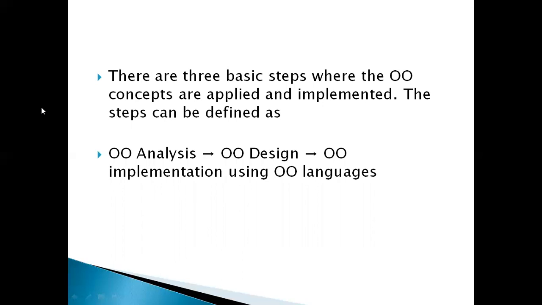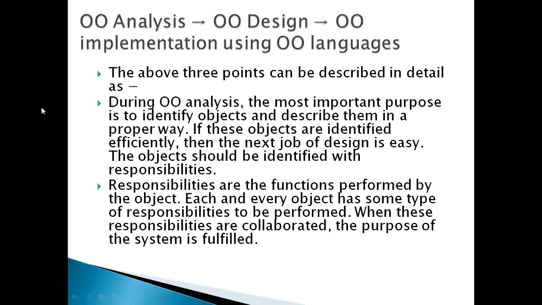OO stands for object-oriented: object-oriented analysis, object-oriented design, and object-oriented implementation using object-oriented languages. The above three points can be described in detail. During OO analysis, the most important purpose is to identify the objects and describe them in a proper way.